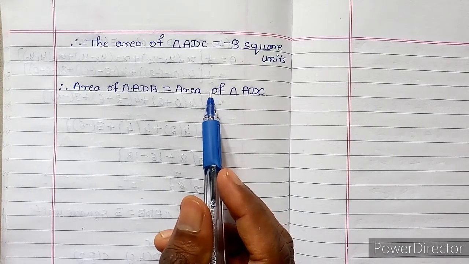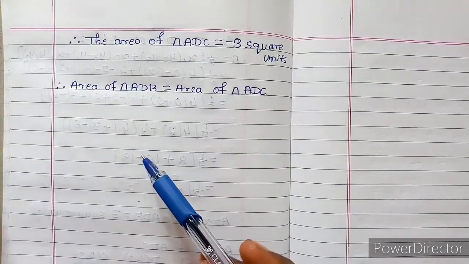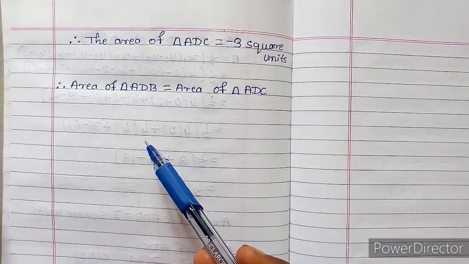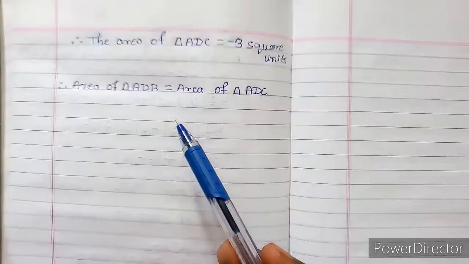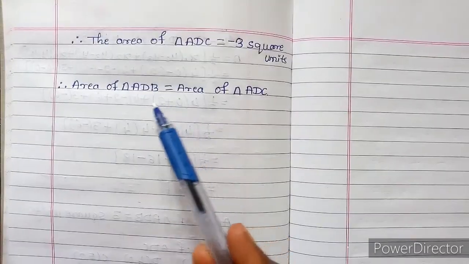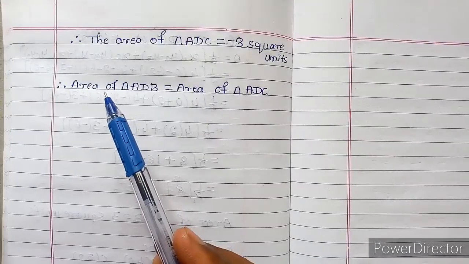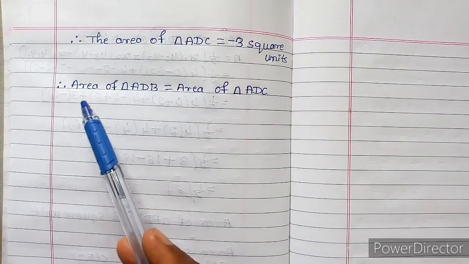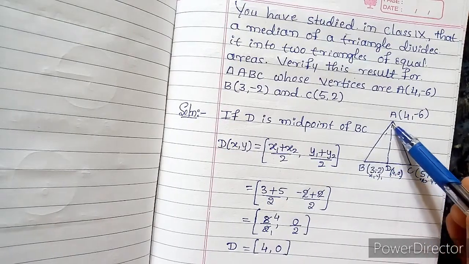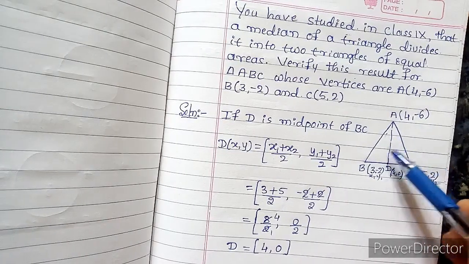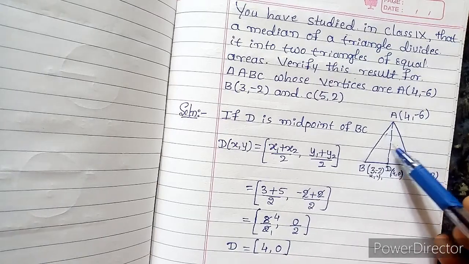Here in this question they told that the median of a triangle divides it into two triangles of equal areas. Now here the two triangles of equal areas, that means in this triangle the median AD divides it into two triangles of equal areas.